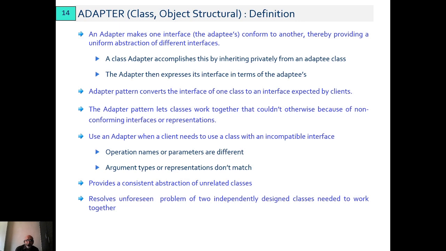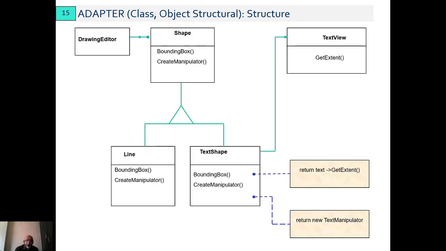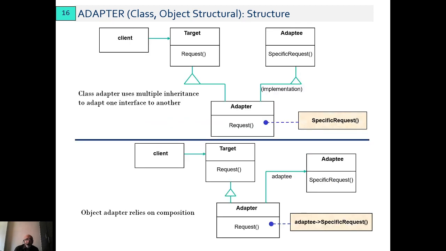Let us go to the example. The drawing editor has got shape. Shape could be a line or text shape, and you can have your own kind of shape, that is line or text shape, through the text view. Now, what happens with the class adapter and what happens with the object adapter? Just have a look at these diagrams. Adapter has got the adaptee.